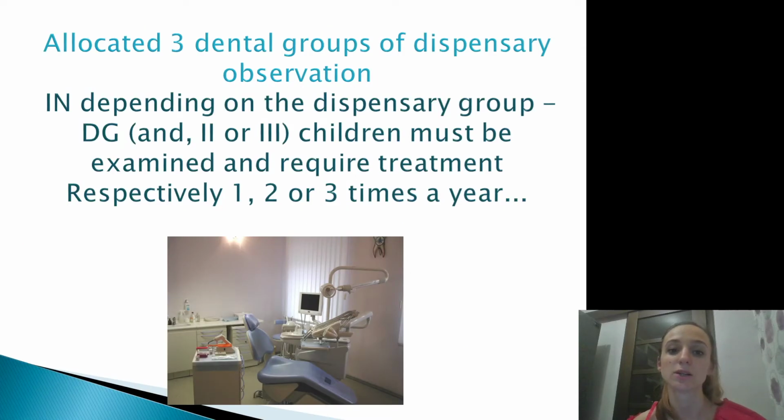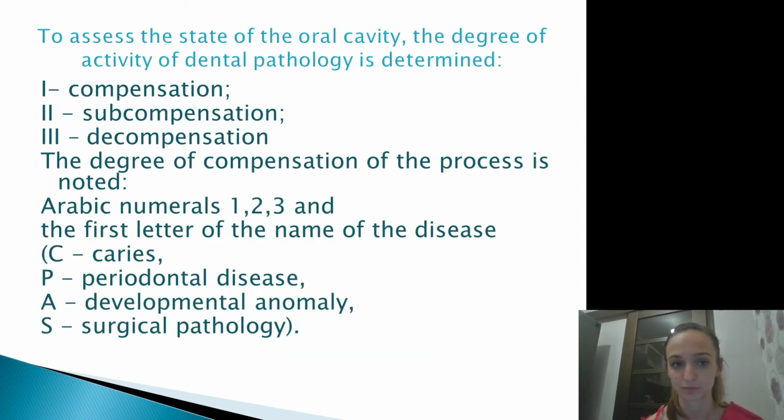Three dental groups of dispensary observation are allocated. So it is dependent on the dispensary group. Children must be examined and require treatment respectively from 1 to 3 times a year.